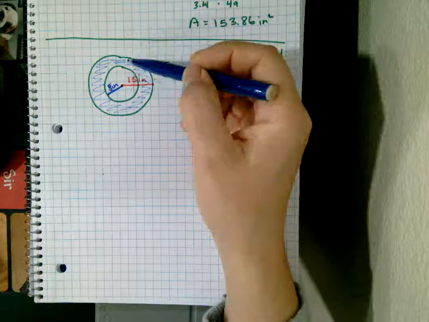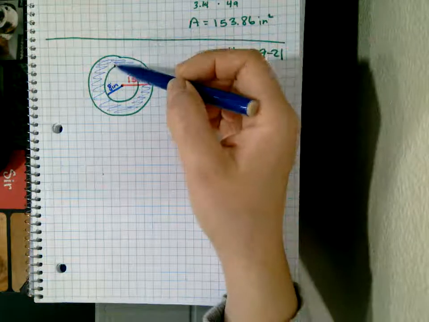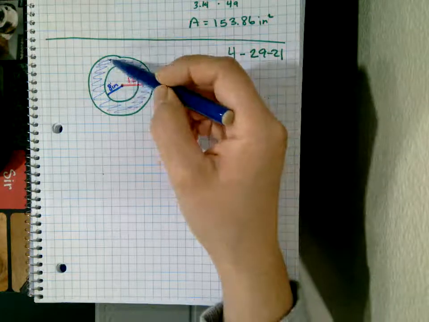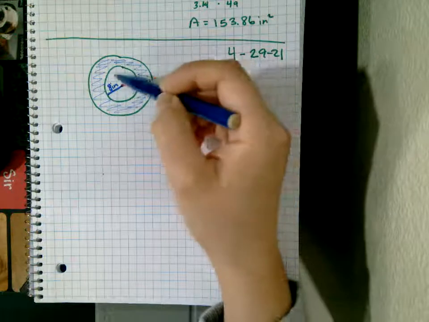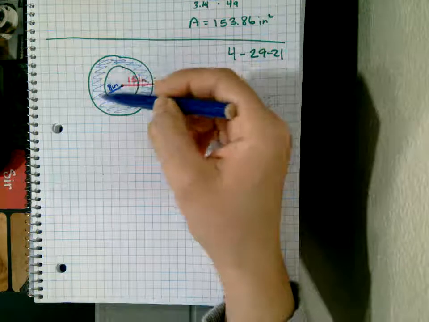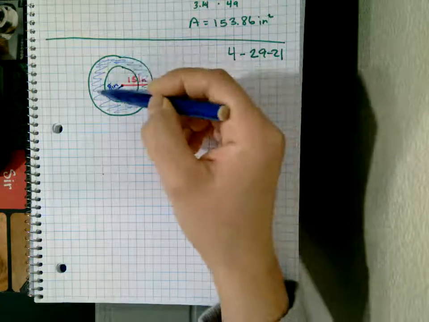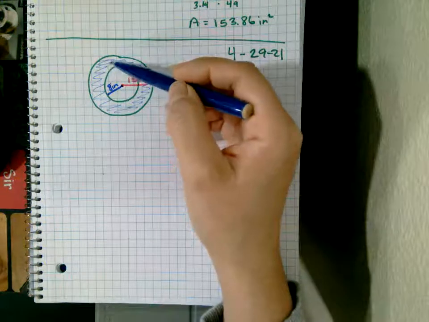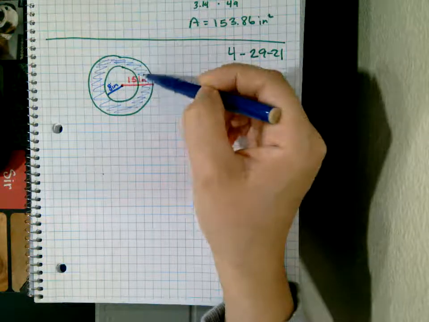This could be like a word problem where they say this is a park and we're going to put grass in here and then the inside part is water. I want to know how much grass we need. Grass is area, so you're going to find the area of the shaded region.